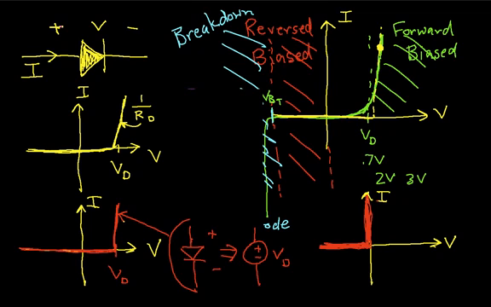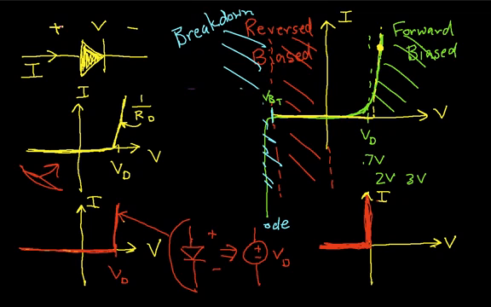Okay, so these are the three models that you typically use. Again, for high power applications, you typically use this model over here where you are representing the resistance of the diode.